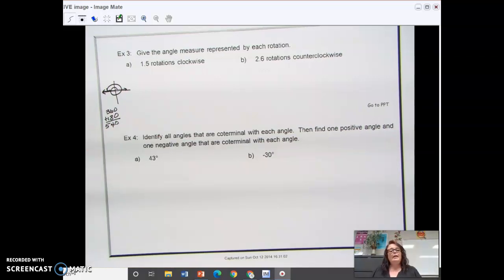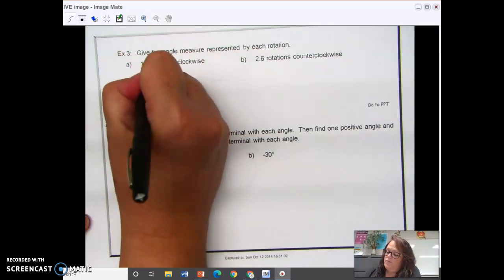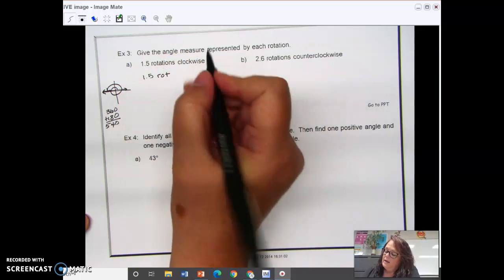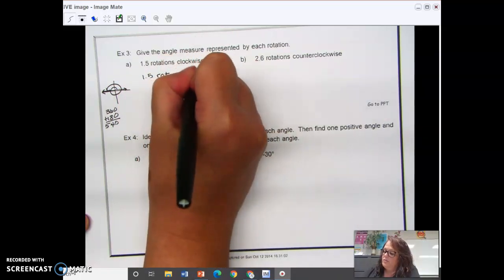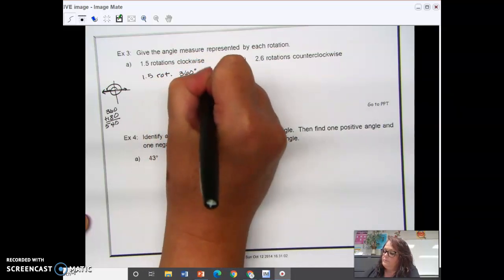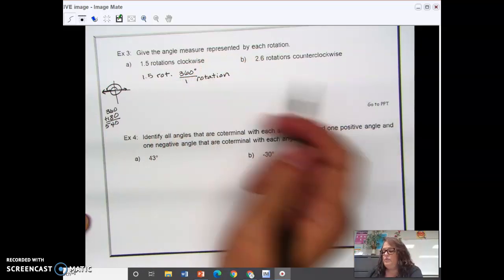All right. But I want a faster way to do that. So it's 1.5 times a full revolution. So this is rotations times, and then there is 360 degrees per rotation. Think of these kind of like a chemistry question.